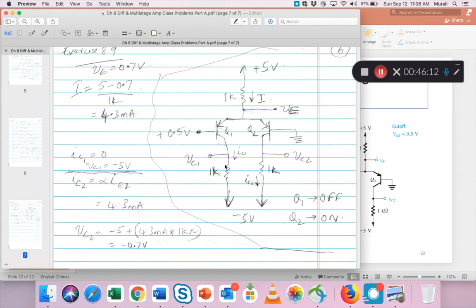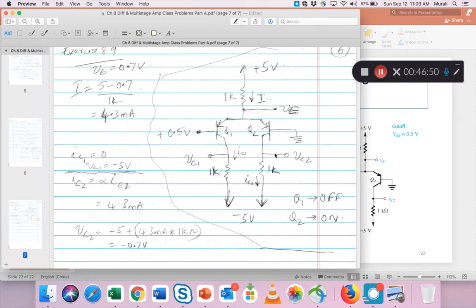There's nothing flowing down. And so all this applied voltage here will come to this point, VC1, because the current is 0 in this collector terminal of Q1. Q2 is conducting, so its collector current will be alpha times its emitter current. And alpha is luckily given to be 1, so the same 4.3 also appears in the collector.